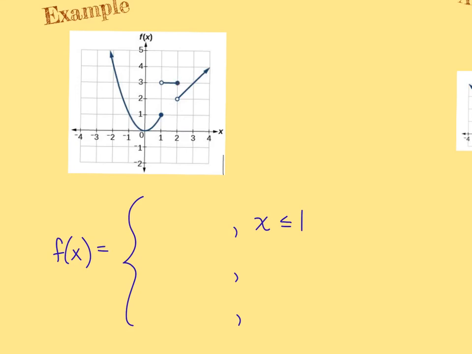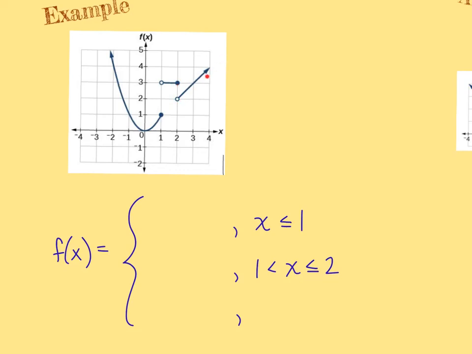So x is smushed in between 1 and 2, and we're including 2. We're not including 1 there. 1 was included in this piece, closed dot. And then the open dot, it's not included. And then we're including up to 2 and including 2.